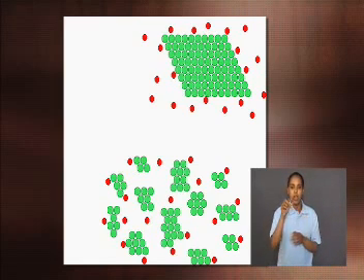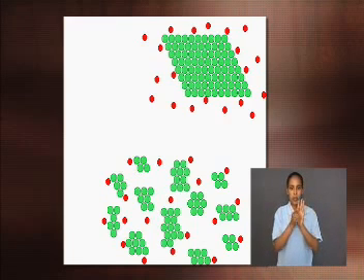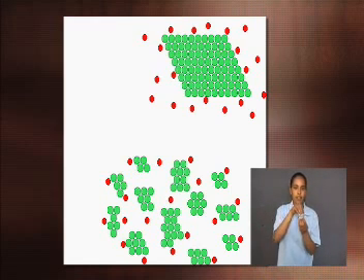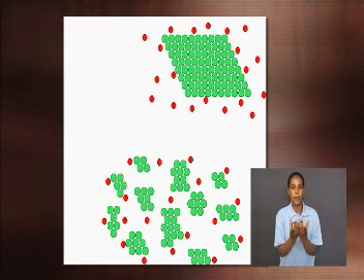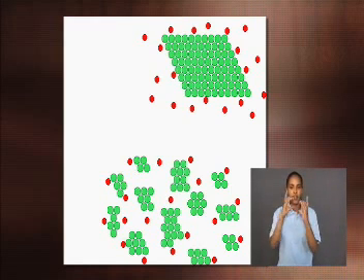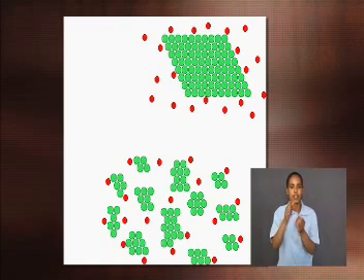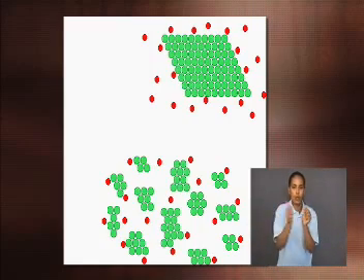A powdered reactant, for example, will usually have a faster rate of reaction than if the same reactant was all clumped together. The powder has the ability to spread out, increasing its surface area. By increasing its surface area, the powdered solid increases the chances that its particles will collide with those of another reactant.